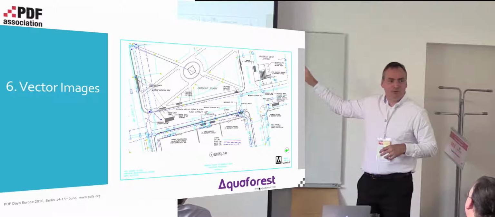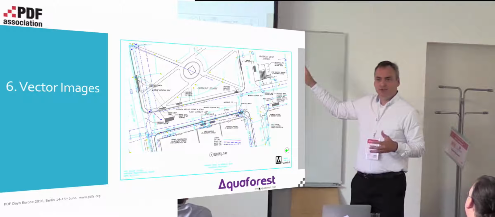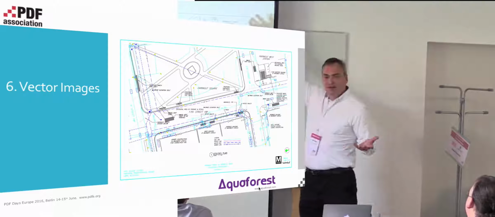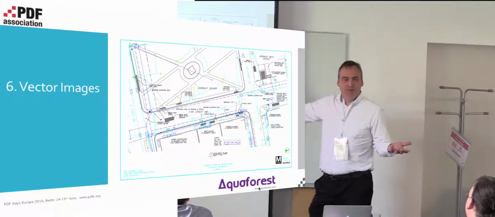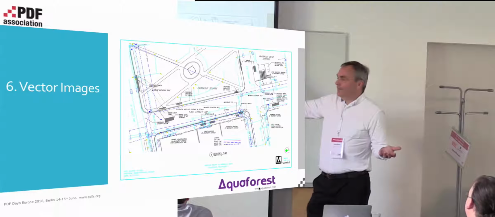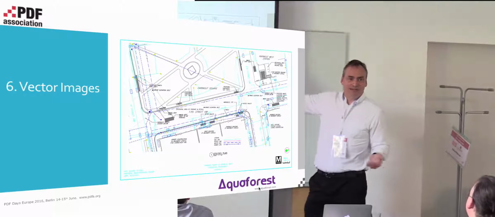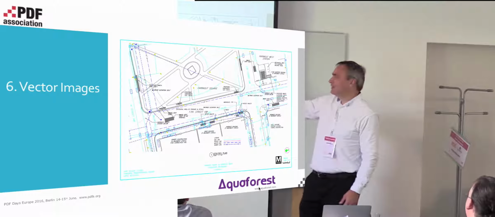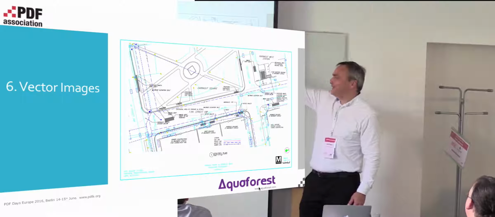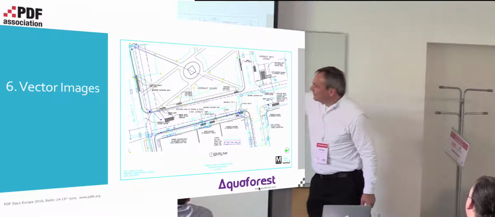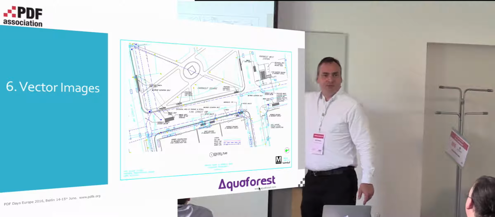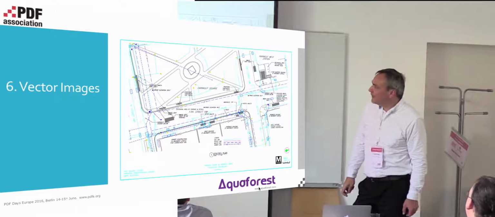I don't know whether AutoCAD or any of these other tools have got any options now, because wouldn't it be great if they could just add a text layer? They know what the text is, because they've built this thing in their tool. It would be great if those kind of tools could add this in, because we have huge numbers of customers. It's tragic to have to take these and then OCR them. Some of these are quite difficult to OCR because of the nature of some of it.